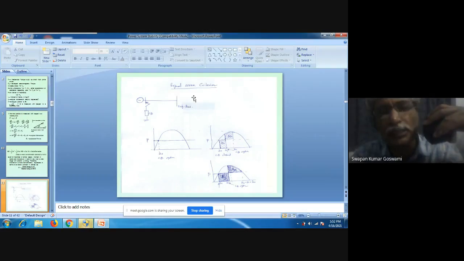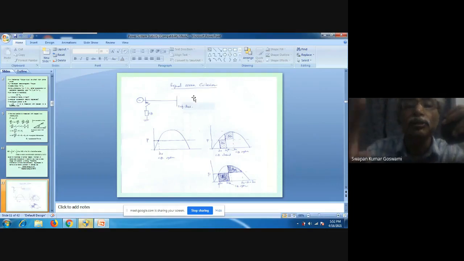Obviously, if we apply a numerical technique, you can solve it, but that will not give you insight into the stability problem. We are initially interested in developing an insight, an understanding of the stability problem. That's why we shall first be deriving the condition for the equal area criterion.